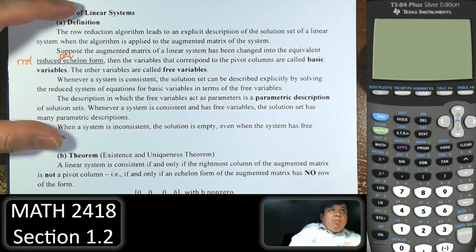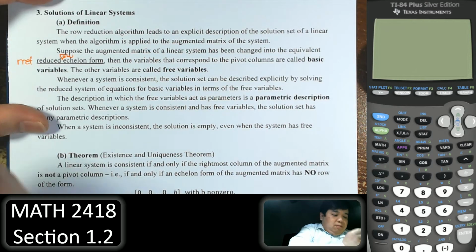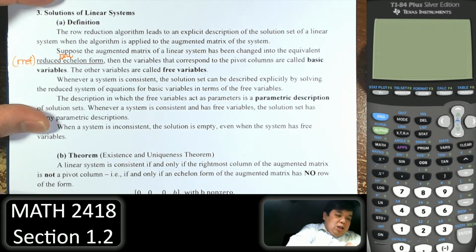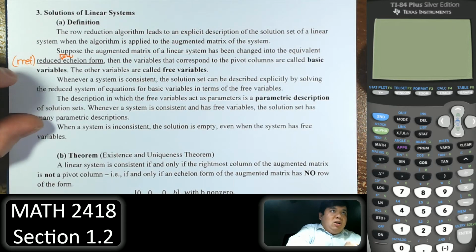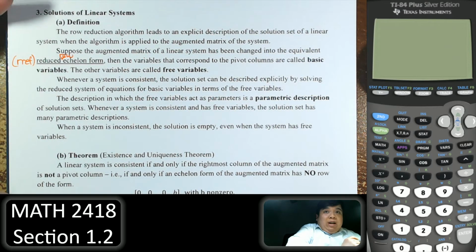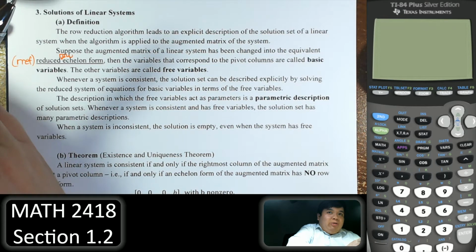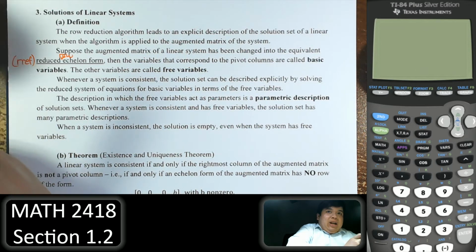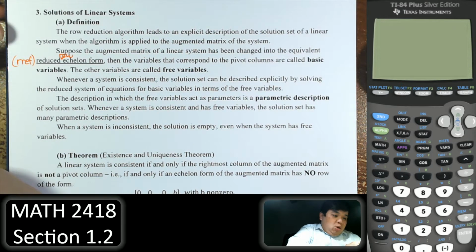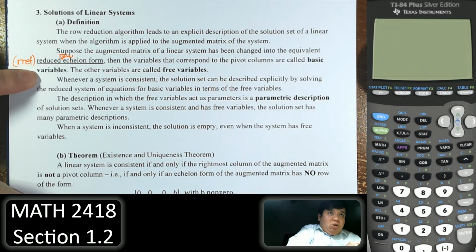My point is, usually that reduced echelon form is RREF because we have a calculator. It takes us the same amount of time to get to row echelon form and to reduced row echelon form, so just go straight to the reduced row echelon form.